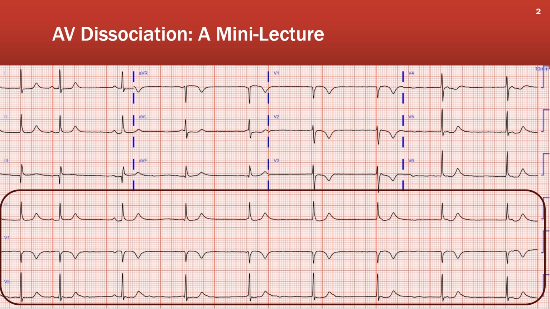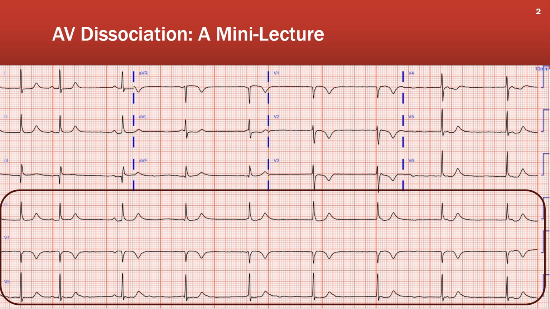Many P waves during AV dissociation may be followed by normal PR intervals, even though they did not produce the QRS that follows them. True capture beats, on the other hand, may have abnormally long PR intervals due to concealed conduction. At some point in every case of AV dissociation, there will be a normal PR interval appearing by chance. Again, that means nothing.